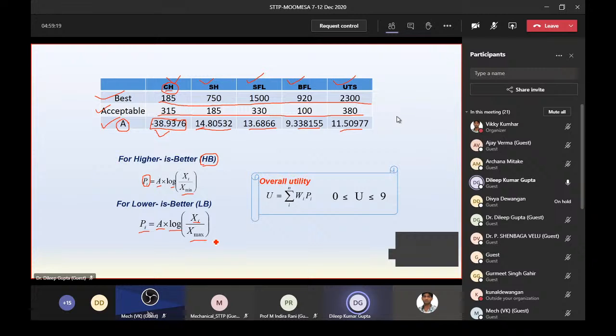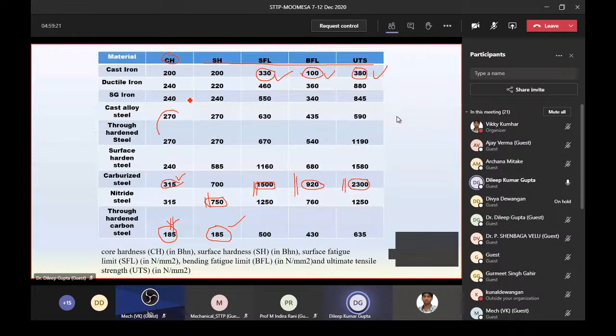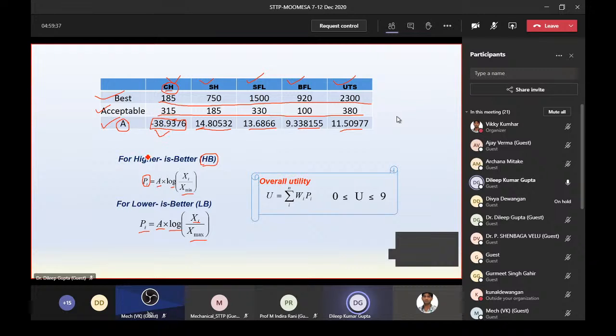Let us try to find out the first value. We are trying to find out the preference number with respect to cost iron along with the core hardness, this xij you can say. So if you are trying to find out this value, the equation says this is the condition for lower is better, right? This condition is for lower is better, core hardness.